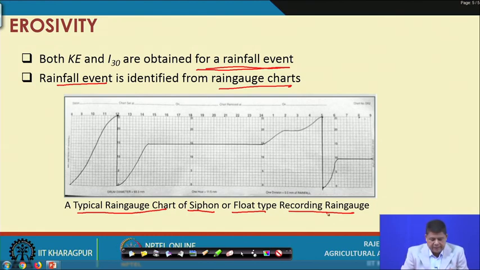As you can guess, the terminologies float type and siphon type are used because there is a float chamber, a cylindrical chamber, in which the rainfall gets collected.